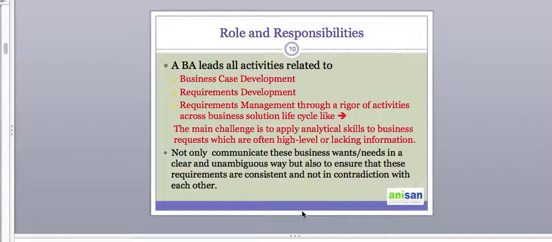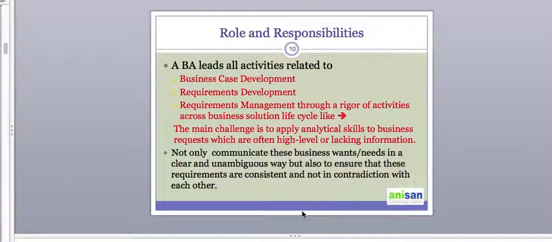Then requirement management, with rigor of activities across the business solution life cycle. So you may be eliciting the requirement, documenting them, presenting them, structuring them, putting them into the BRD or FRD or both, and obtaining the sign-off and communicating back with multiple stakeholders. So that is also what we talk about.